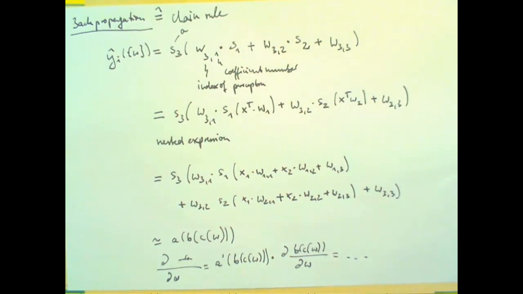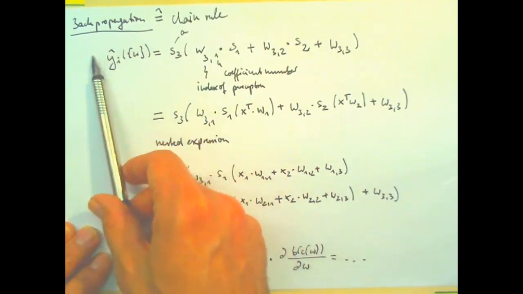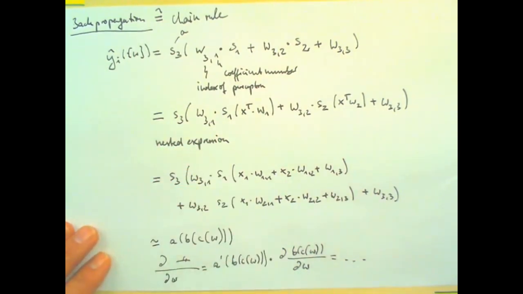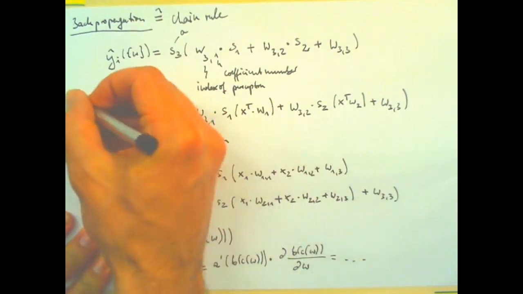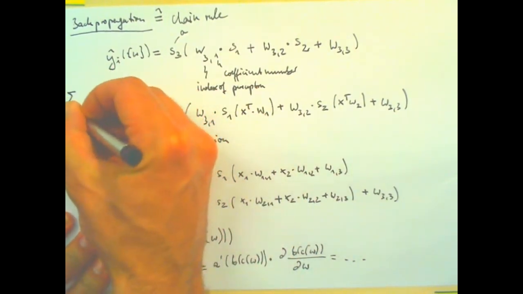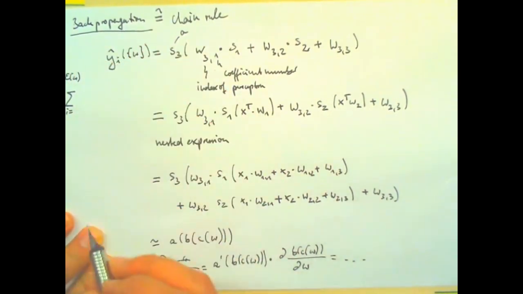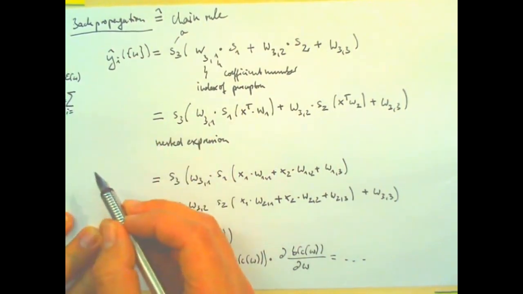So here that was a single prediction y hat, and now I have a loss function. My loss function is a function of all the parameters W, and that's a summation over all samples.